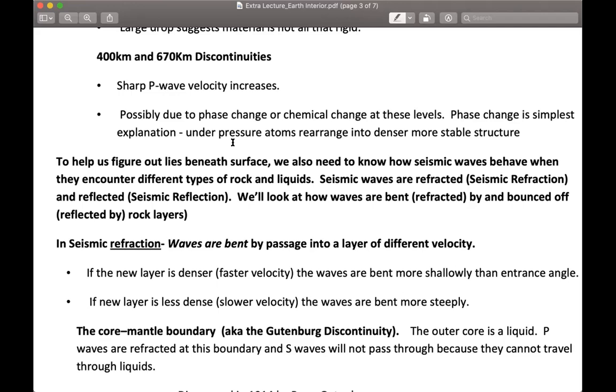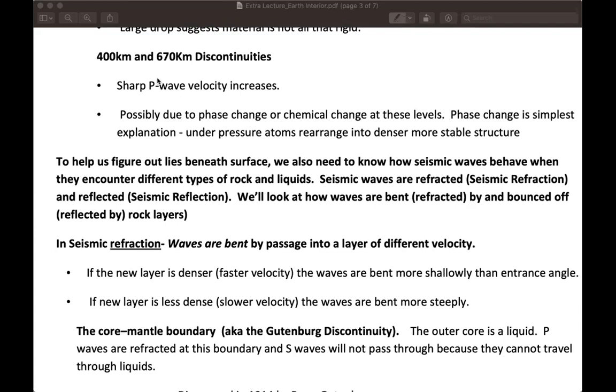So mineralogical change means there are some heterogeneous layers within a single layer. That means within the mantle, you have a separate phase.